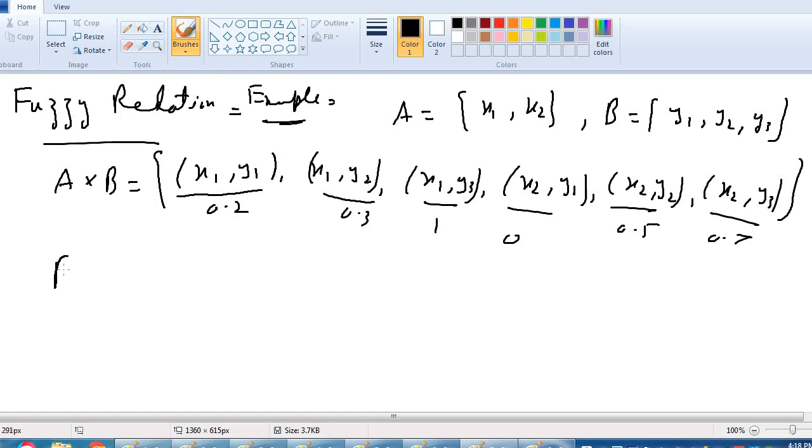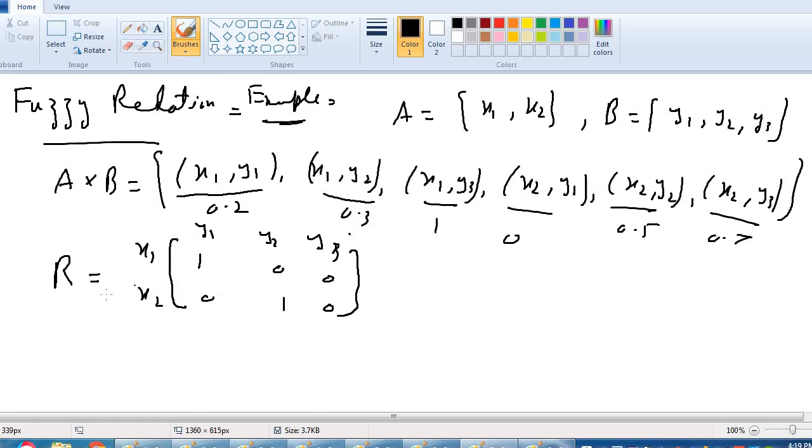So if we are making a relation R, we can write it in this way. For example, when we are dealing with crisp numbers, 0 and 1 integers, in simple math we write x1, x2 and y1, y2, y3. We get a relation: for x1, 1 0 0, and then for x2, 0 1 0.